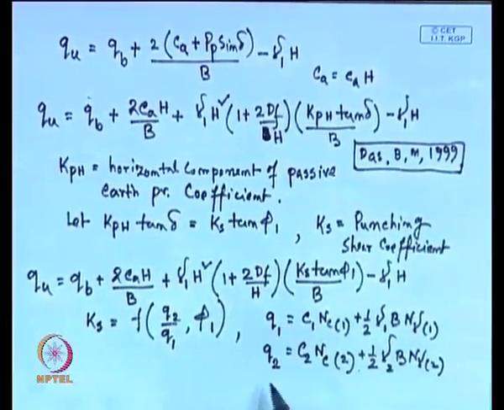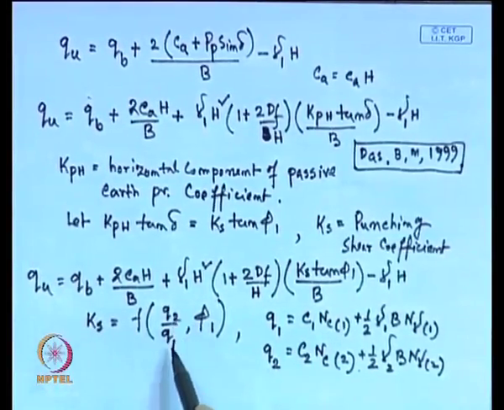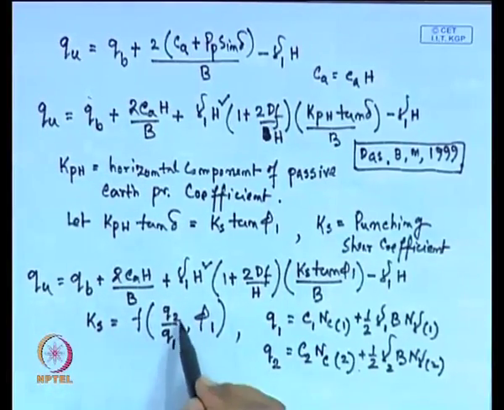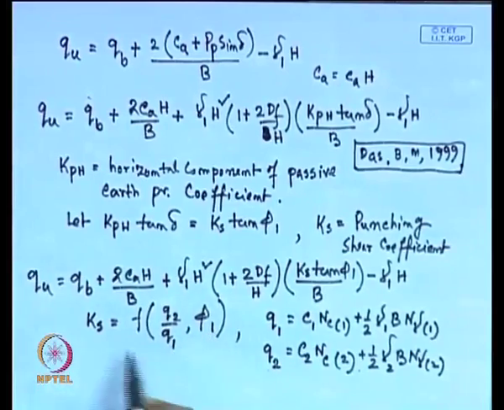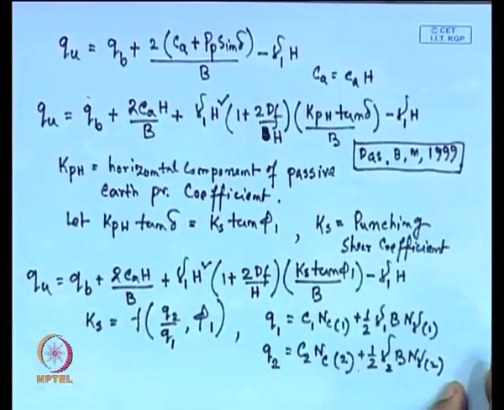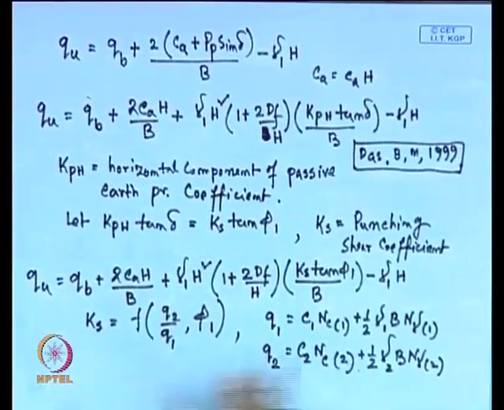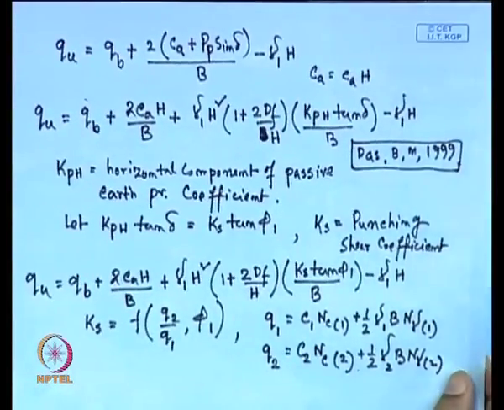So, Ks is a function of Q2 by Q1 and phi 1; if we know Q2 by Q1 and phi 1, then we can calculate Ks. Another thing is that this is applicable if H is relatively small.